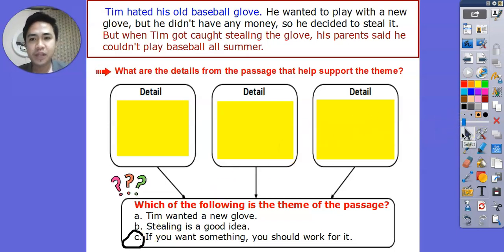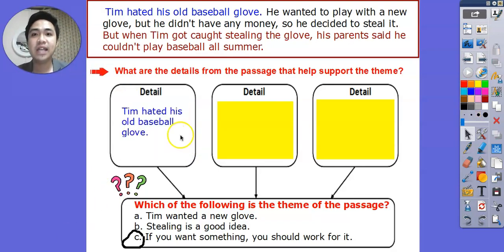Now, what are the details from the passage that help support the theme? What made you say that this is the theme of the story? What are the details in the passage that tell us that if you want something, you should work for it? The first detail is that Tim hated his old baseball glove.